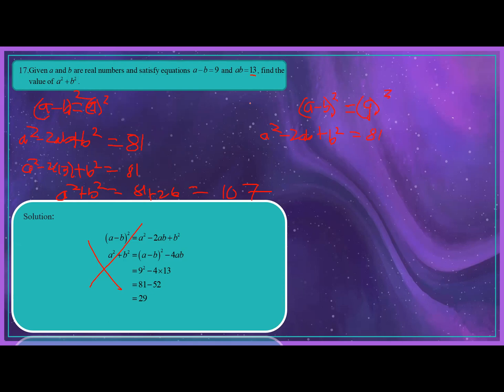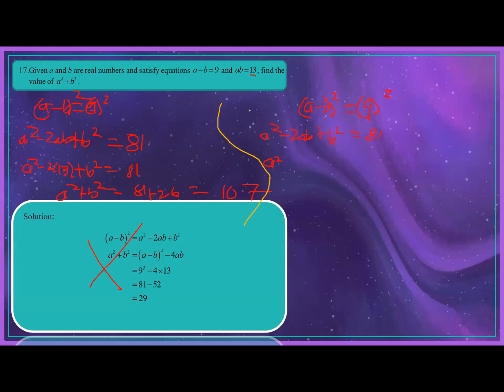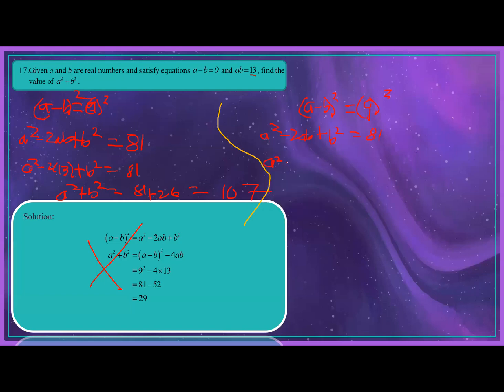We have ab equals 13, so a squared minus 2 times 13 plus b squared equals 81. So a squared plus b squared equals 81 plus 26.